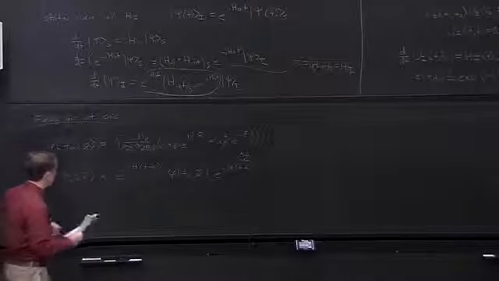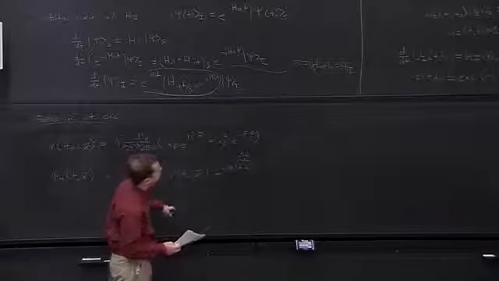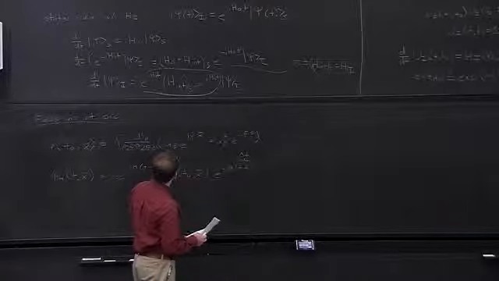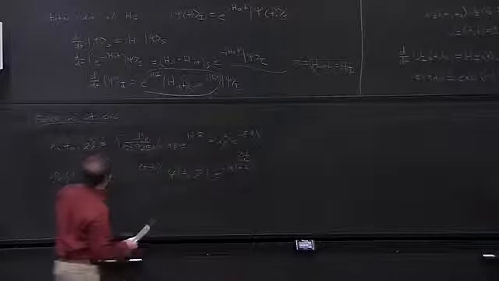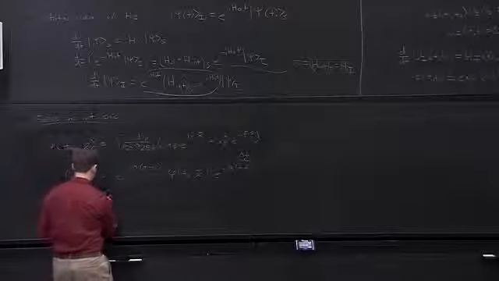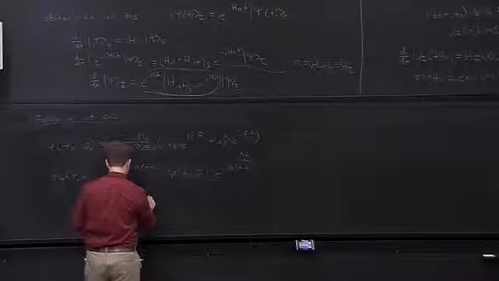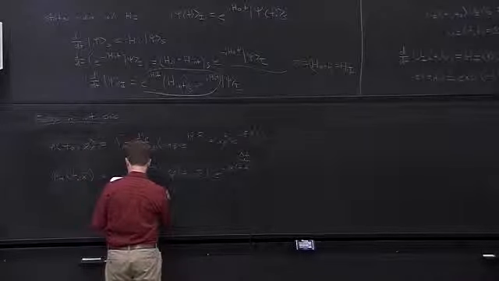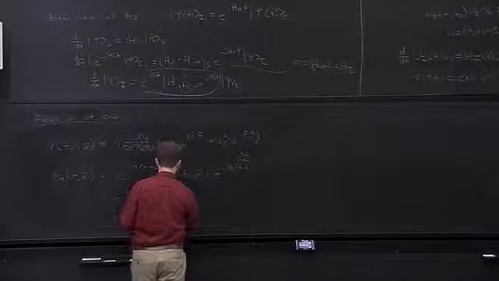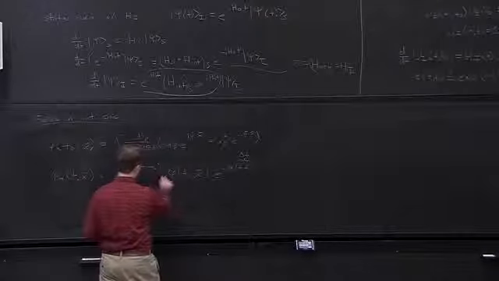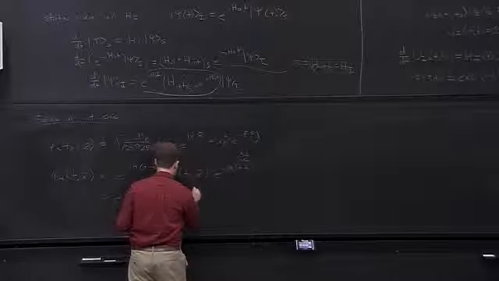And so then we can just use the definition of the operators in the interaction picture to write this as e to the i H delta t, e to the minus i H naught delta t. Sorry, we can insert the identity here in the form of e to the minus i H naught delta t, e to the plus i H naught delta t.